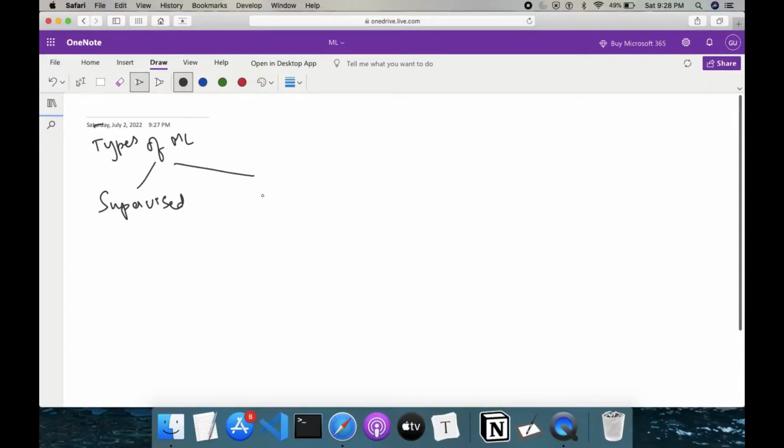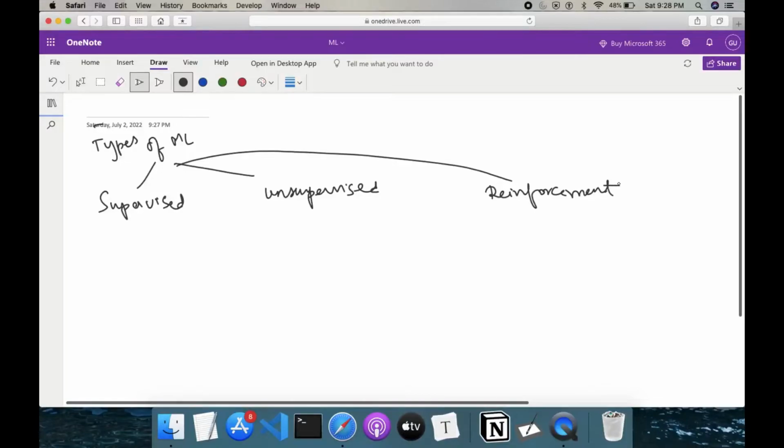Next we have unsupervised. Third, and the most challenging one, is reinforcement learning. So we'll start off with supervised learning, then we'll look at unsupervised, then we'll talk about reinforcement learning.